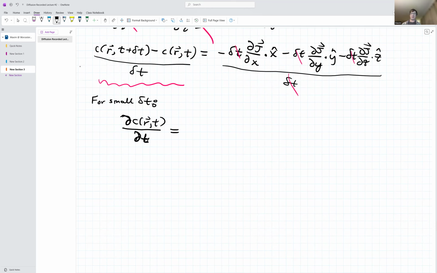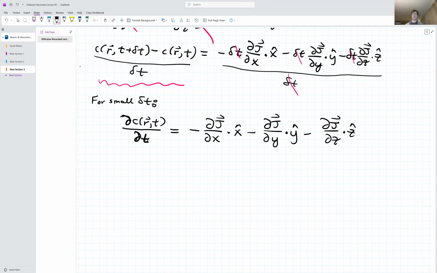All right, and on the other side, we have this interesting construction where it's the derivative of the function with respect to a variable x, dotted into the direction along that variable. And there's an overall minus sign. So let me write it out: it's dj/dx dotted into x hat, minus dj/dy dotted into y hat, minus dj/dz dotted into z hat. This actually has a special notation in 3D.